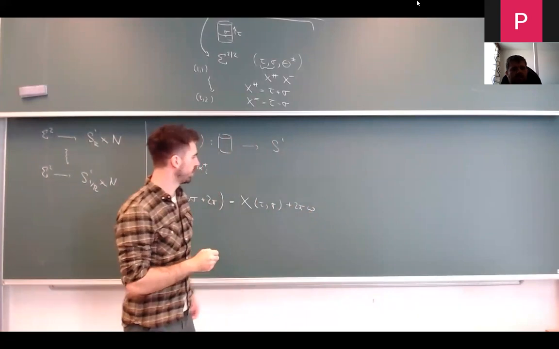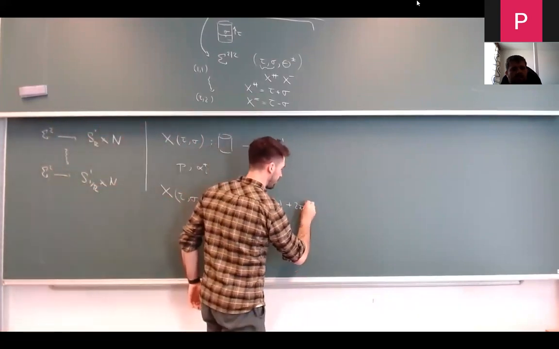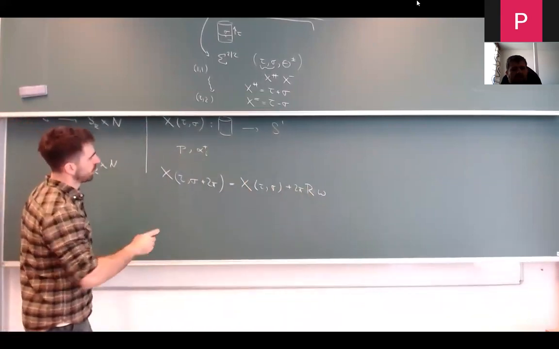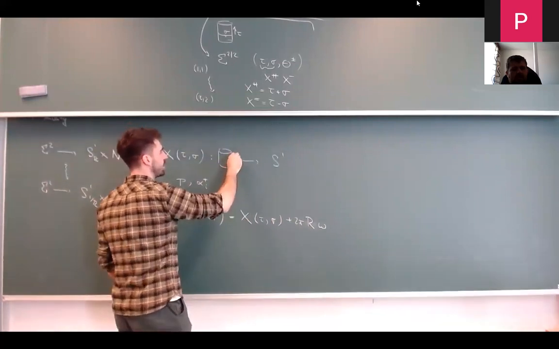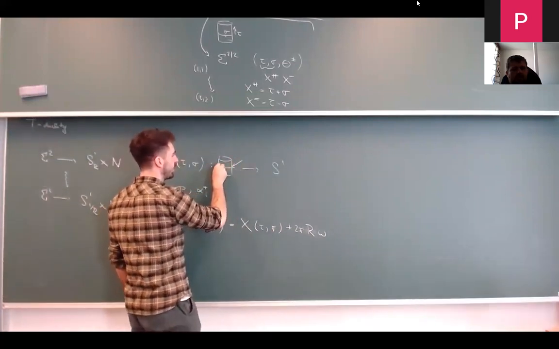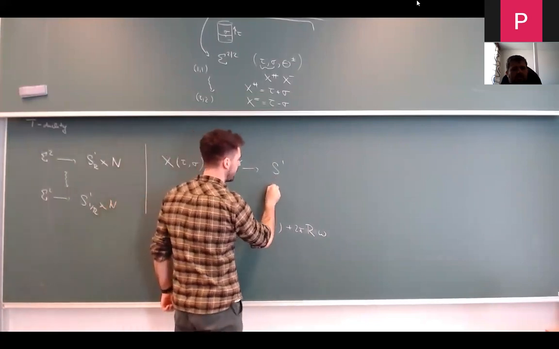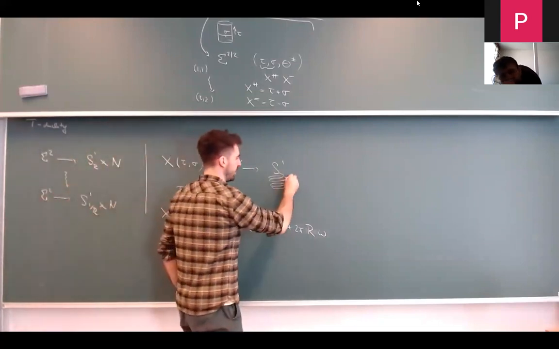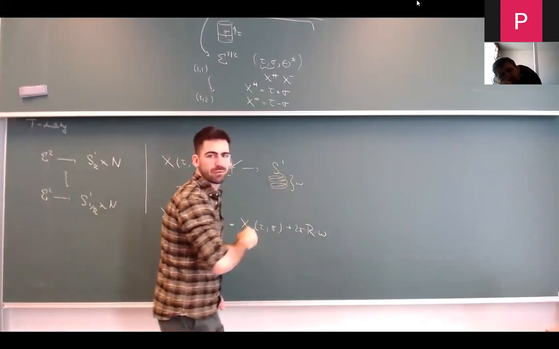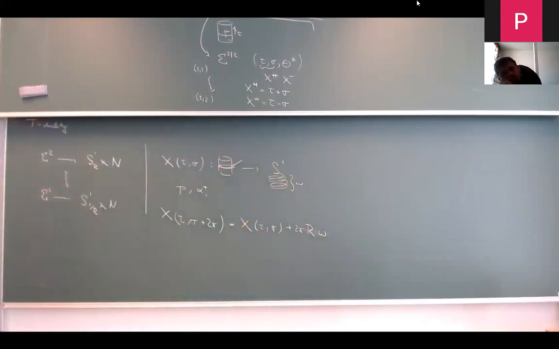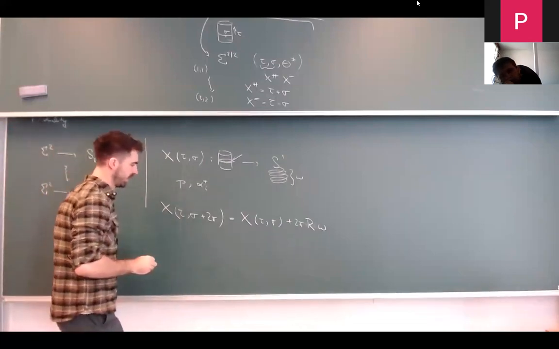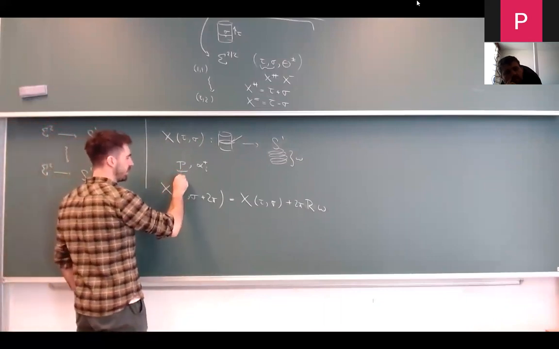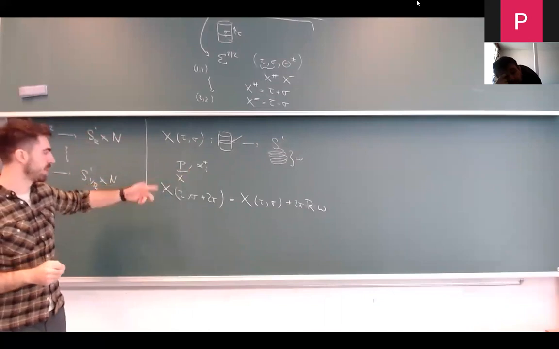So this is a new quantum number. It tells you how many times the string revolves around the circle. So in a given time, going around the sigma circle amounts to maybe going several times around the circle in the target, and this omega counts the number of revolutions. By the logic we know from particle physics, if we have this P, there is an x associated to it by a Fourier transform.